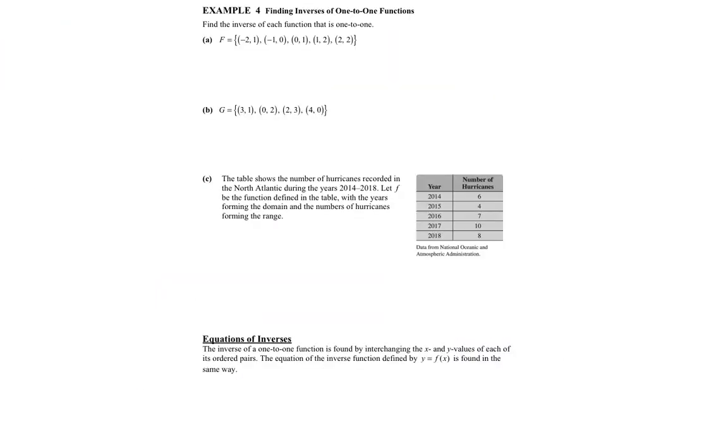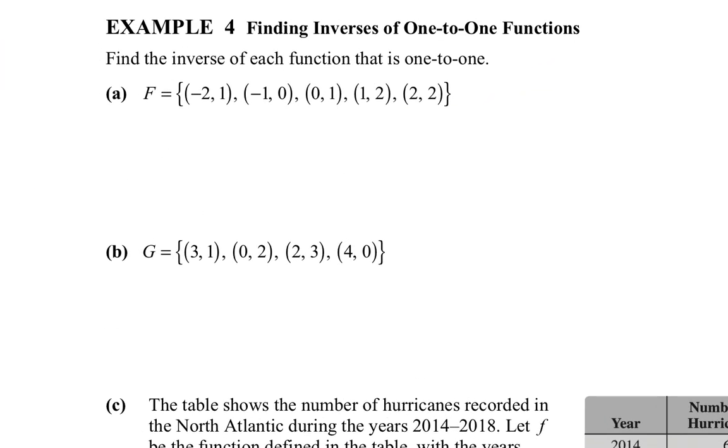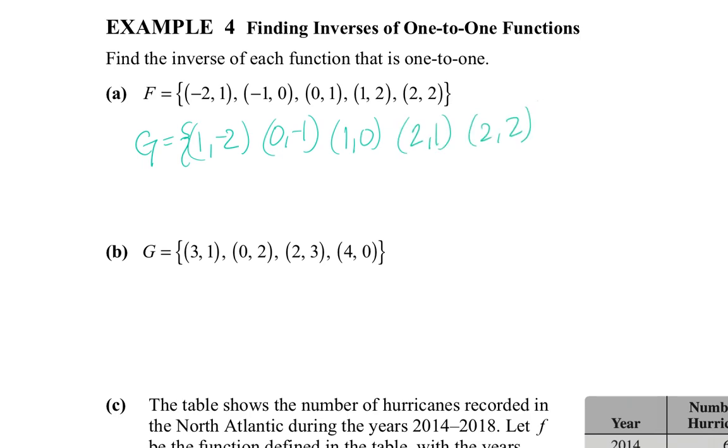So let me show you what that looks like. So here we have a set of points. We have the function f, which is defined by these points here. So if I find the inverse, then I'm going to say, okay, we'll call it g. And you just take and flip them all. 2, negative 1, 0, negative 1, 1, 0, 2, 1, and 2, 2. That one really didn't switch. So now the domain is all the x values here.